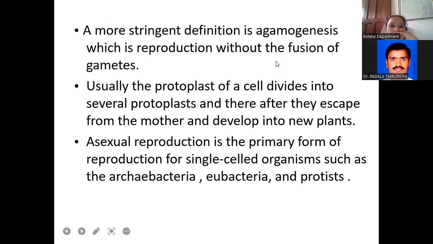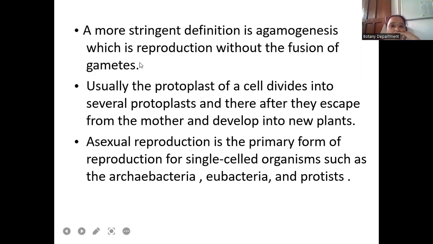In this one, the most important definition of asexual reproduction is reproduction without the fusion of gametes. Very, very important: in the algae, there is no fusion of gametes. Usually the protoplast undergoes cell division and is converted into several protoplasts.